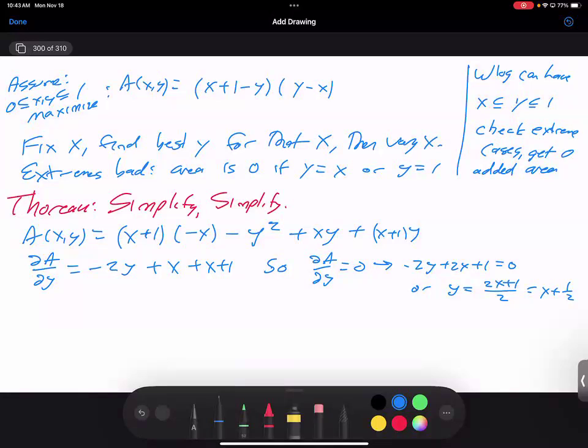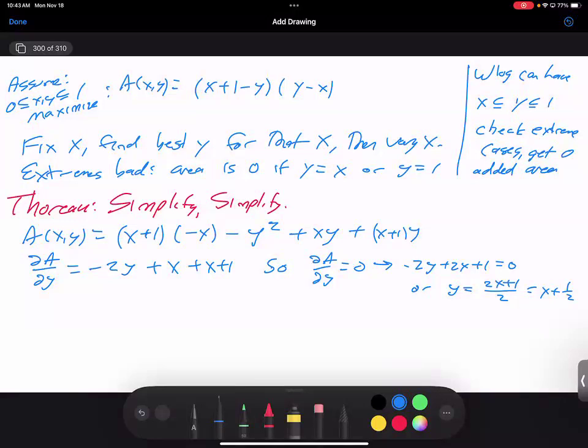So let's double check. So x plus 1 times negative, okay, so you have a negative y squared. We have a plus xy. And we have an x plus 1 times y. We have an x plus 1, we have an x, we have a minus 2y. Okay, that seems reasonable.